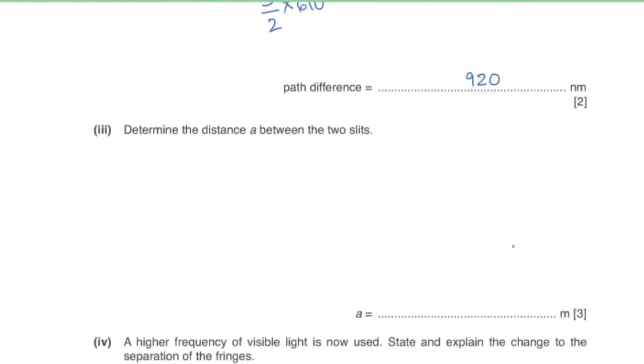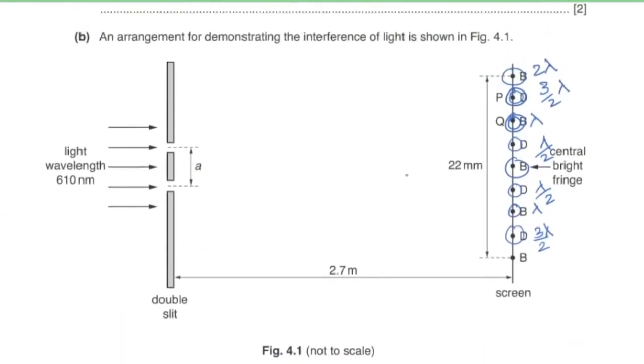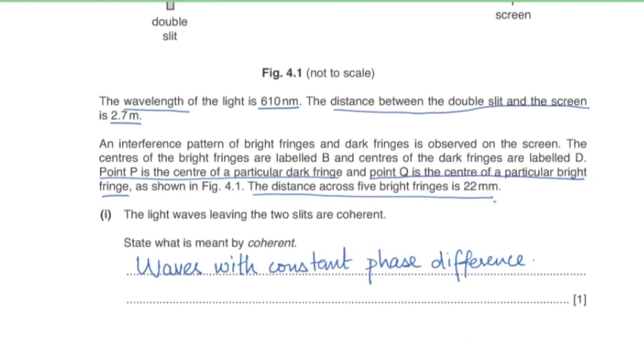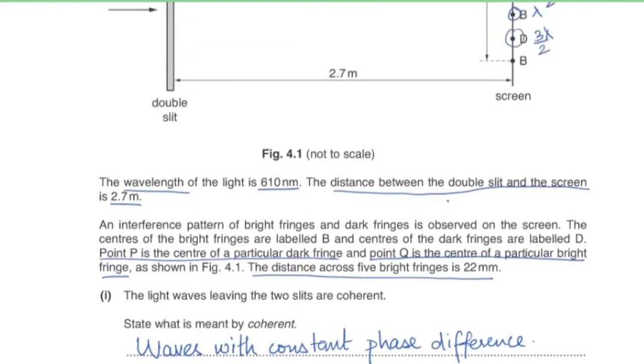Part 3, determine the distance A between the two slits. So AX/D equals lambda, where A is what we have to calculate, multiplied by the distance between two successive bright fringes or dark fringes. Over here, 22 millimeters is the length across 5 bright fringes.